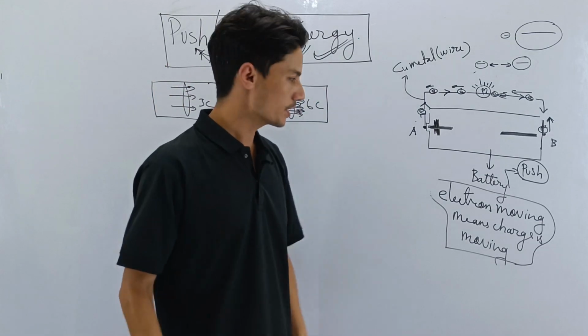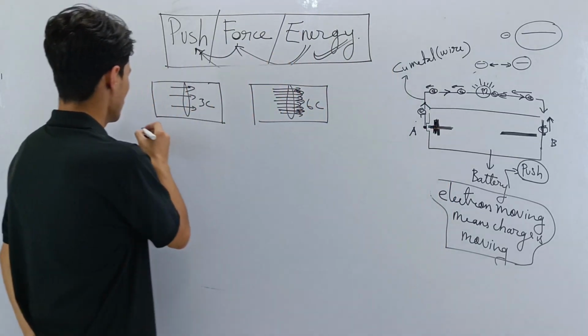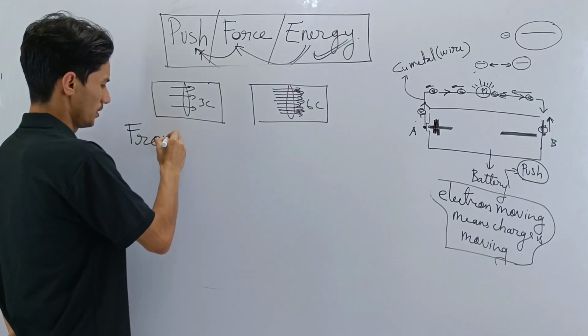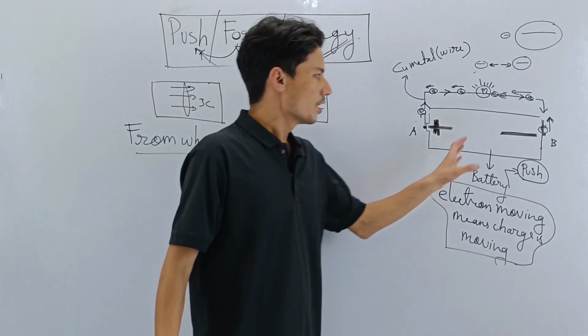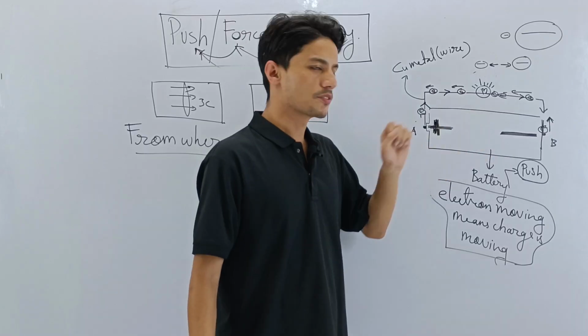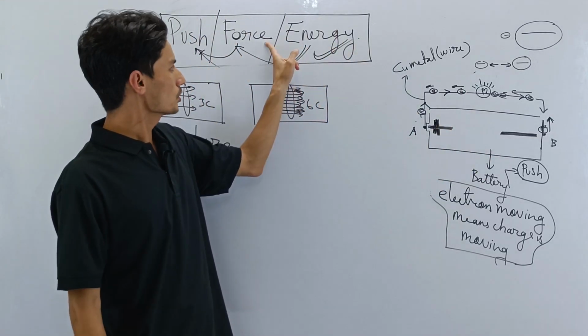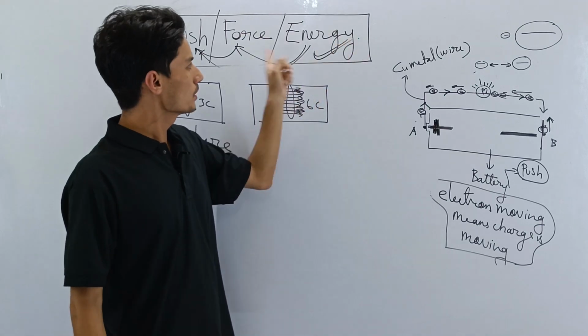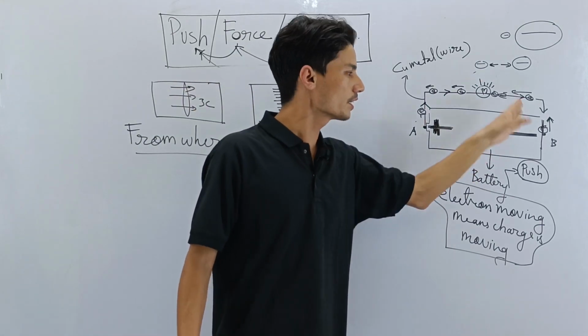Now, before I forget, the next question. We have been discussing a lot about the battery, and the battery is providing the external energy which generates the force, which generates the push. So all of these things are possible because of the battery. The battery is a very useful component in understanding charge.